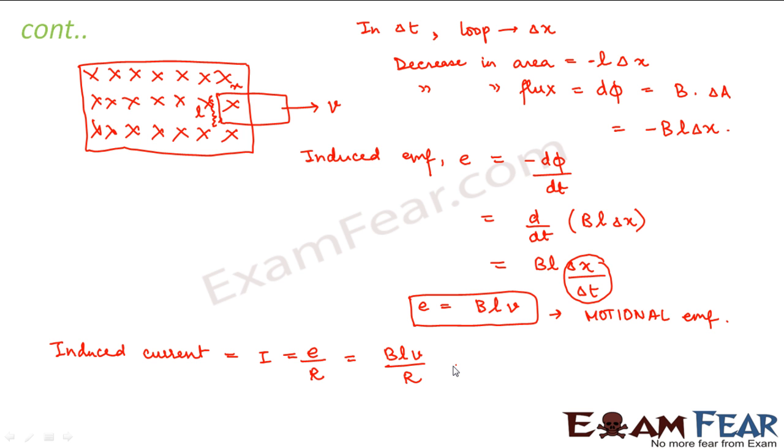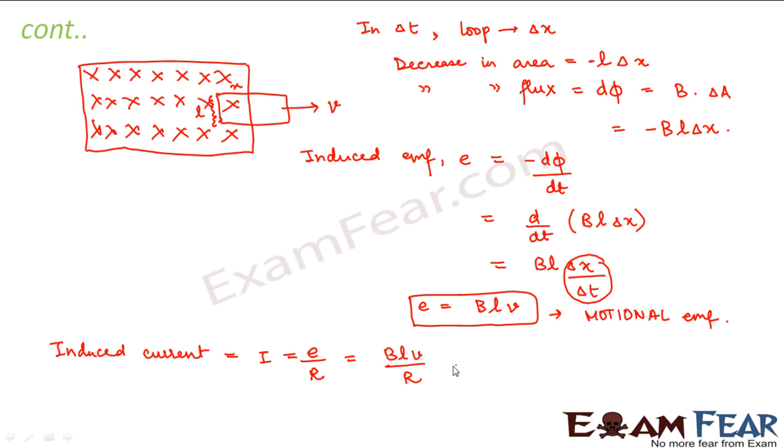Now we will look at a few more scenarios of motional EMF, because in this case we have considered a complete loop moving inside the magnetic field. Only when the loop is undergoing the change, that is when the magnetic flux is changing, is EMF induced. Once the entire loop is inside the magnetic field, there is no induced current.